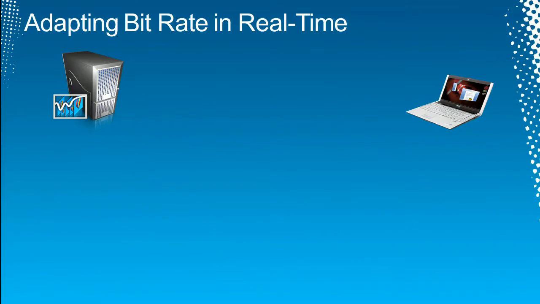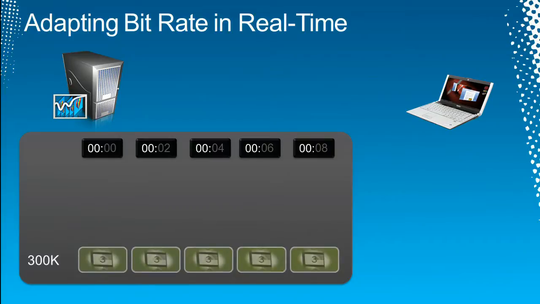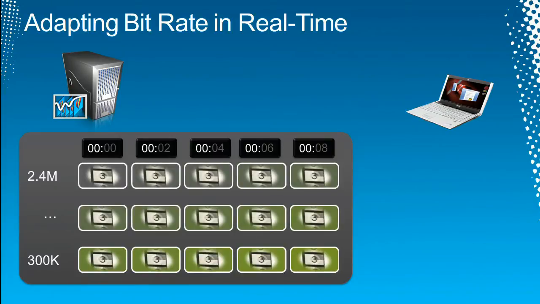Okay, so how do we actually get the content out there? This is basically how adaptive streaming works. We take a live video feed in, it goes into an encoder, and then every 2 seconds, that encoder is going to create a video chunk at normally 5 or 6 or 7 different bit rates. In this case, we'll generate bit rates all the way from 300K up to 2.4 meg. Every 2 seconds, we'll generate a new packet, new packet, new packet.